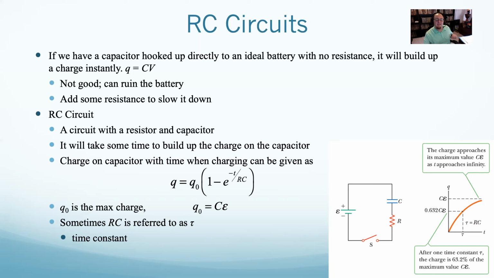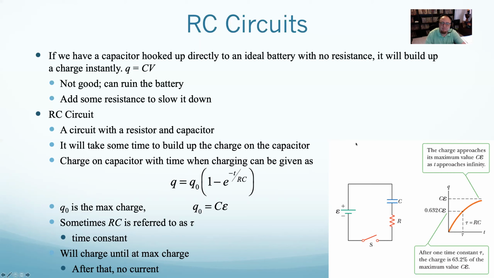And what it says is initially, when time equals 0, there's going to be no charge. And as time goes up, the charge will get more and more until it hits a max. After it hits that max, there will be no current because all the charge will be there. Now, one thing I want to stress here is I said what Q naught is, and I said what R and C are.